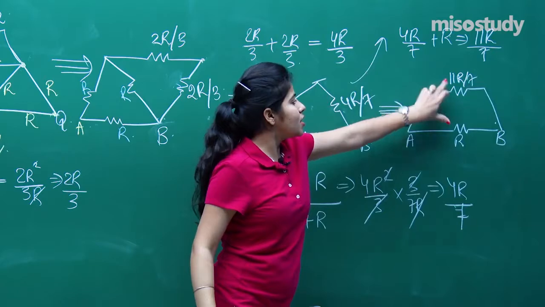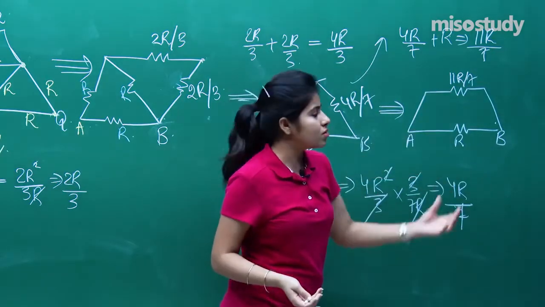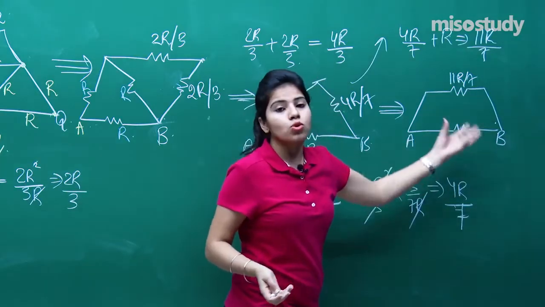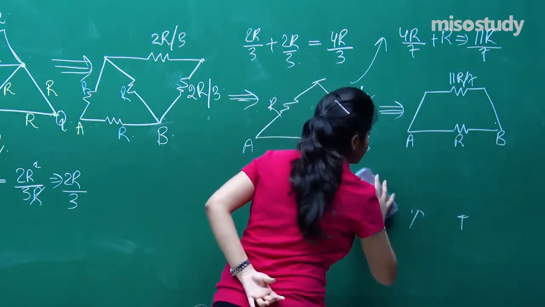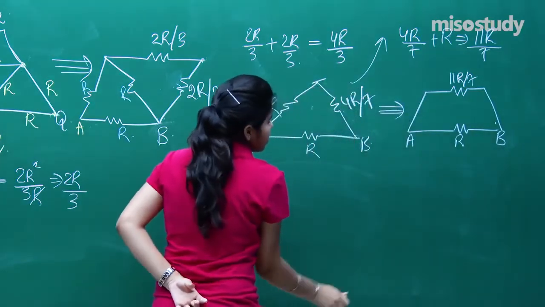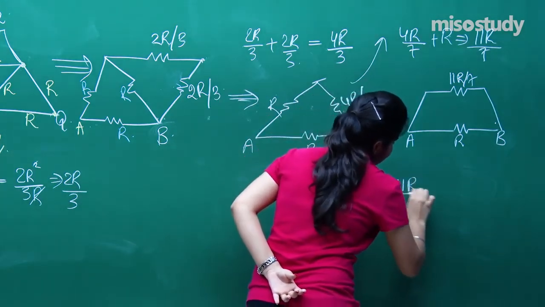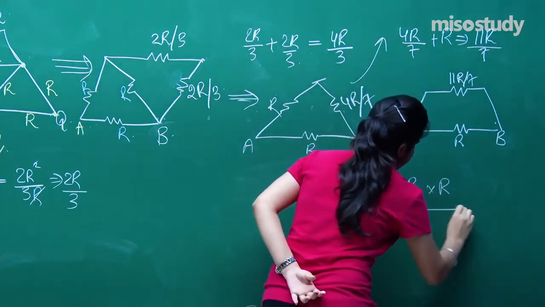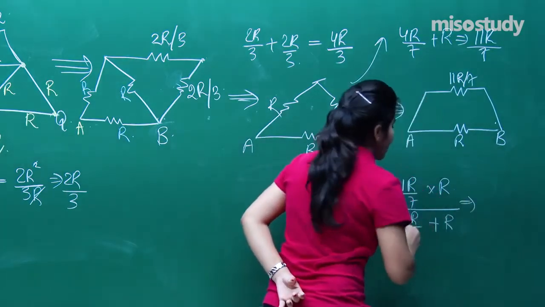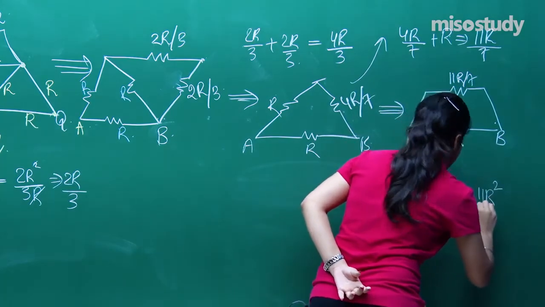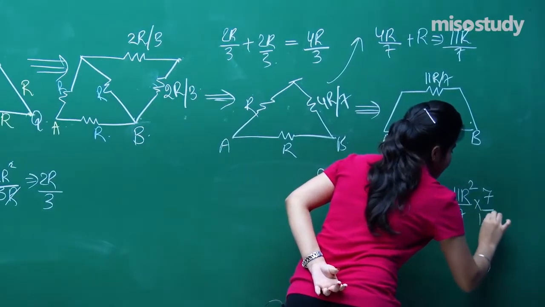Now as you can see, these two resistors are connected in parallel. So to find the equivalent resistance between A and B, the total resistance, R net, will be 11R by 7 into R divided by 11R by 7 plus R. So that means 11R square by 7 multiplied by 7 by 18R.